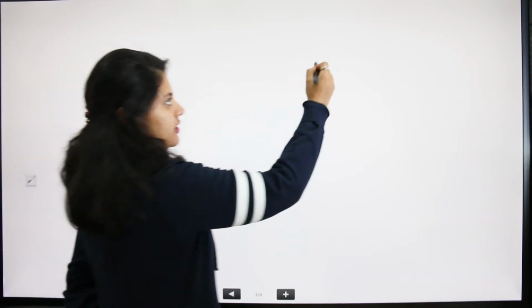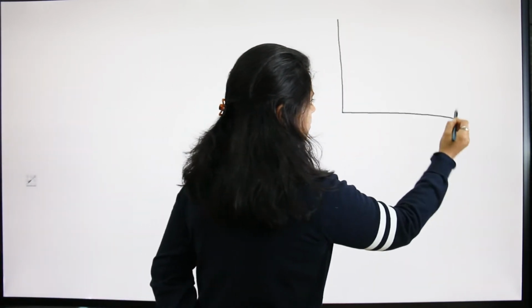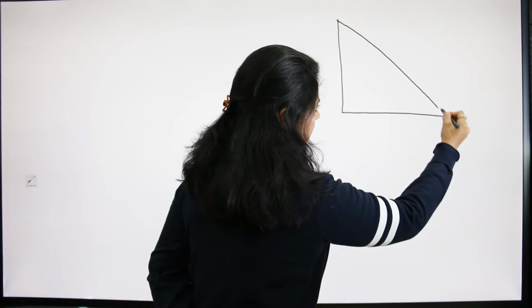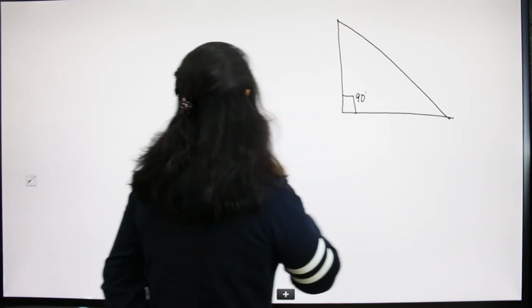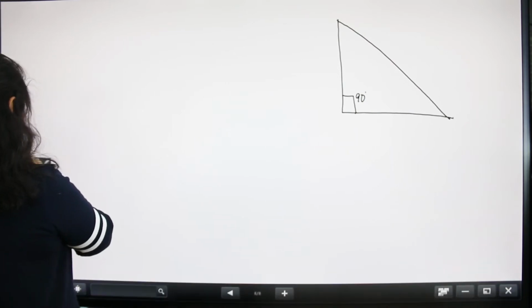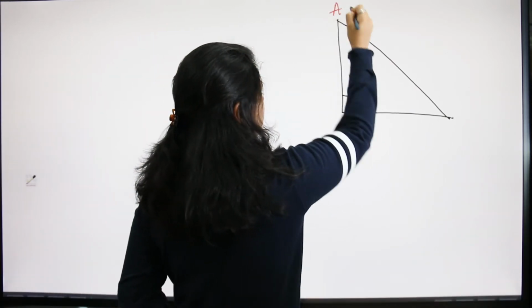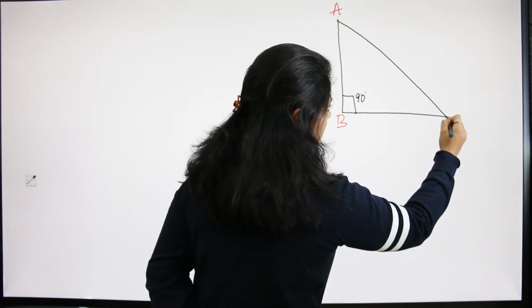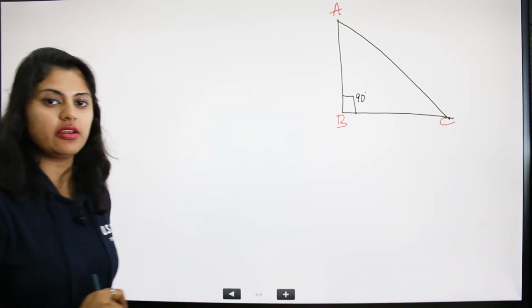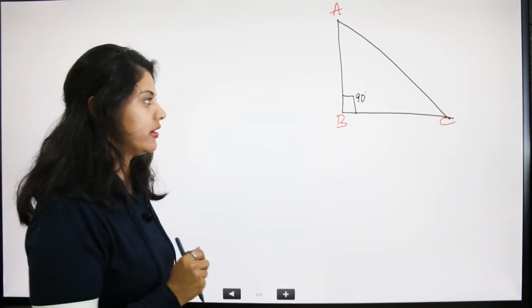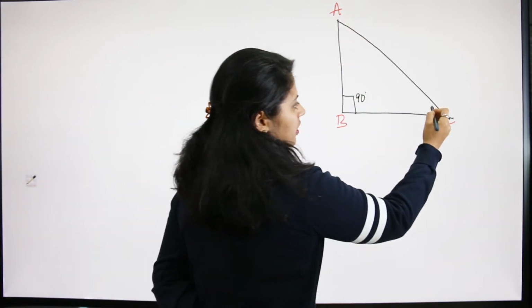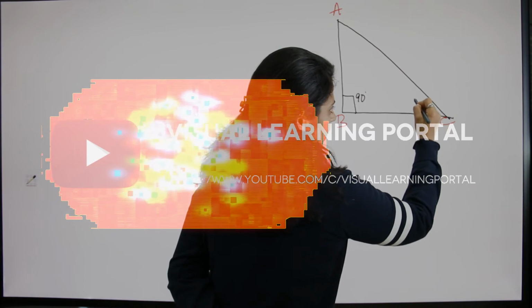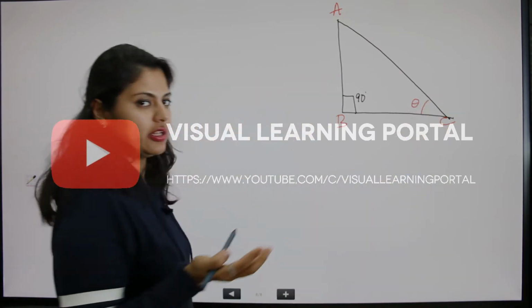So let's draw the right angle triangle, which is 90 degree, and we are going to assume the angles A, B and C, and find the trigonometric ratios according to that. Here, let this angle be theta. You can assume any angle.